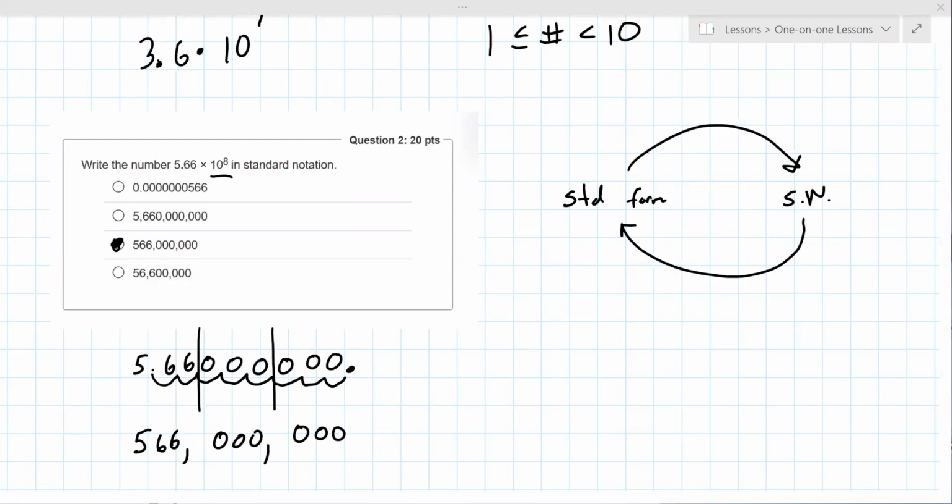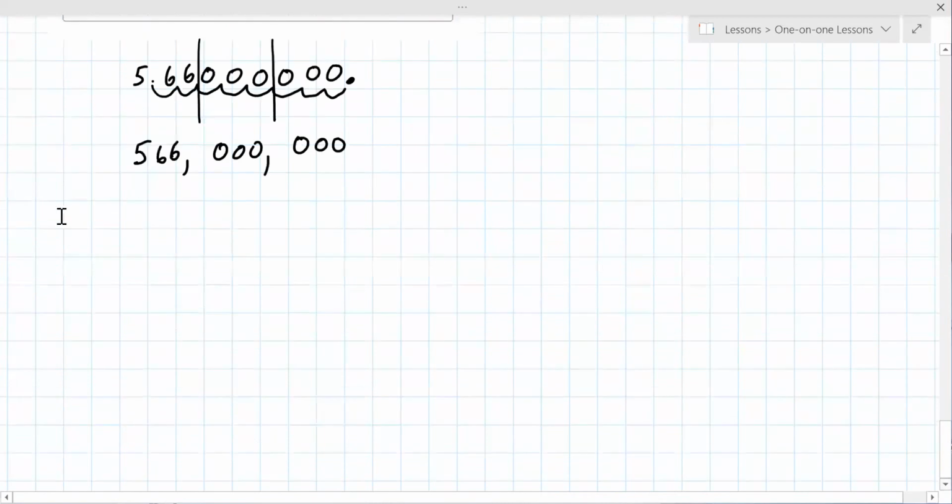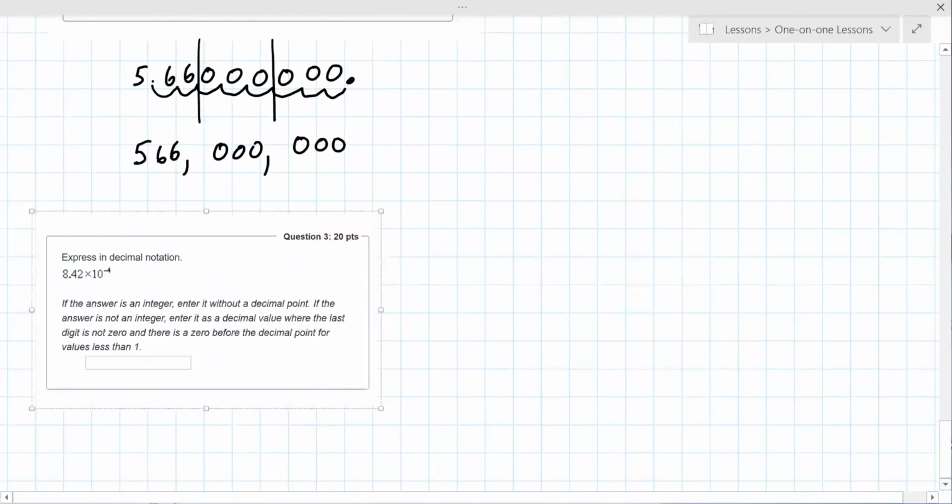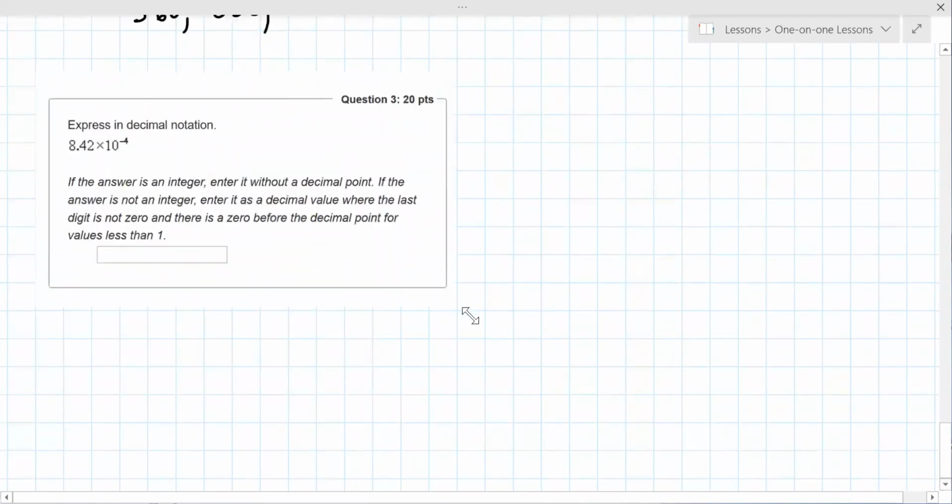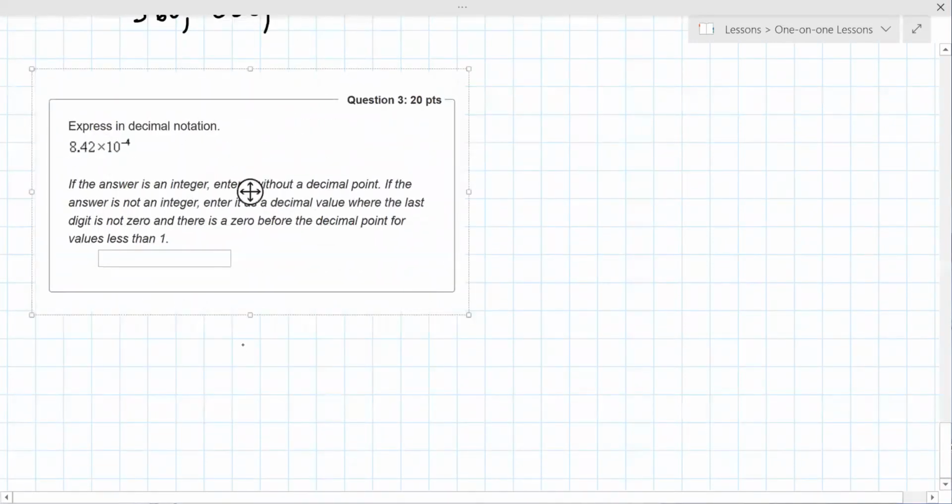All right. This is interesting. This is the first one where you actually have to enter in a value. Number 3 and 4. I did not know how to do this. So again, you start by writing the number.